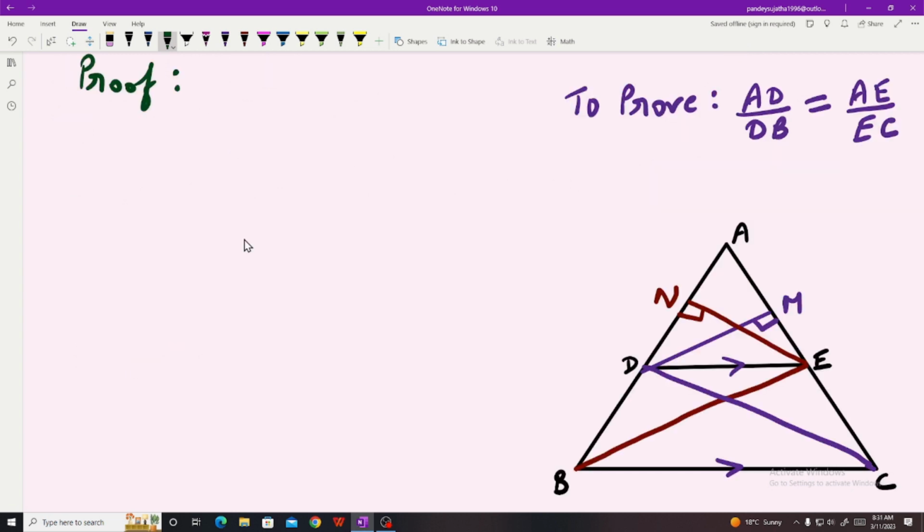Okay, to prove any theorem, we get the hint from what to prove. So just you see here, AD is the part of triangle ADE and DB is the part of triangle DBE. And we have the height also given here in the triangle. So for triangle where base and height is there, we will make use of area of triangle, that is half into base into height.